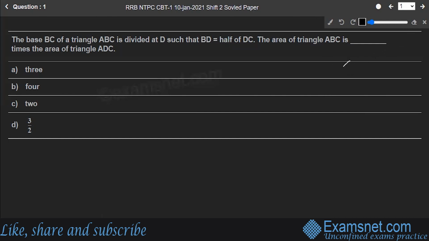So let's make a triangle, A, B, and C. There is a point D such that BD is equal to half of DC. If BD is 1 part, then DC is 2 parts. Let's join.